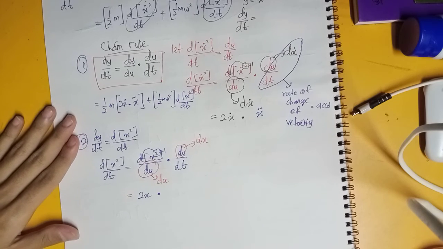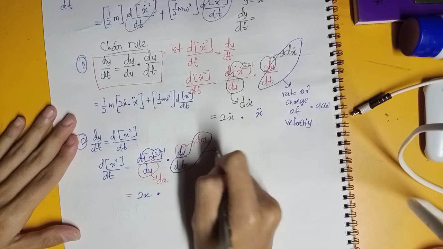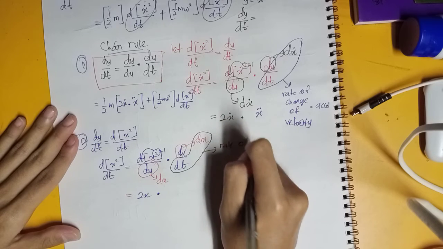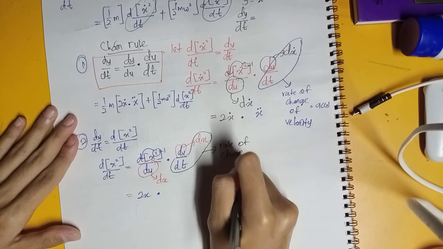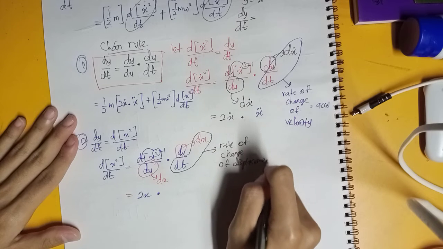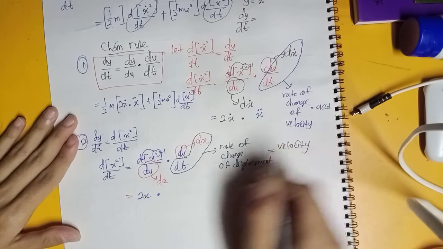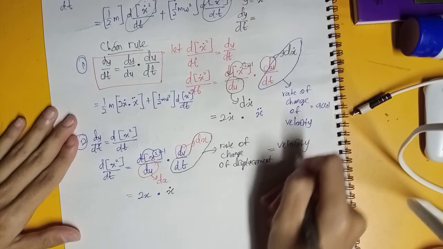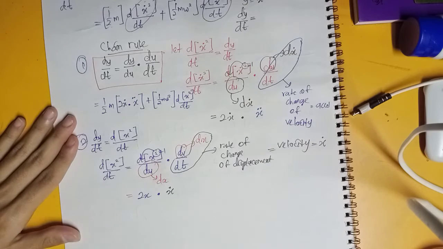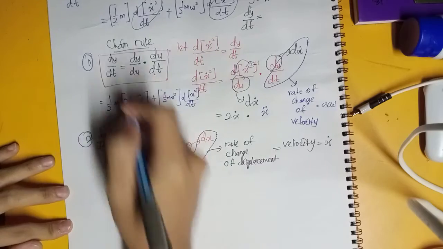So dx over dt is actually the rate of change of displacement, which is equal to velocity. So this is x dot, right? x dot is velocity, right? Very simple. So we do some substitutions right here.